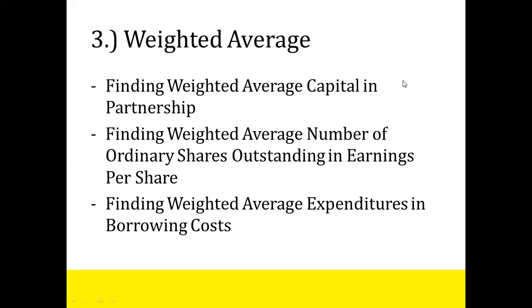And pag sinabi nating weighted average, we're talking about time. Weighted average in terms of time. Kaya as possible, kailangan aware kayo kung ang February 1 ba, is it 11/12 or 12/12? Di ba dapat ang February 1, 11/12 siya sa pag-compute ng weighted average.